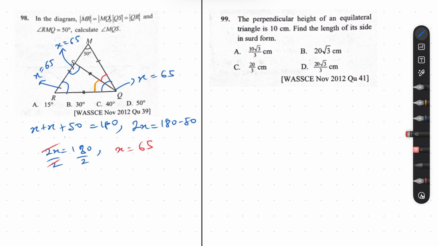Now can we find the yellow? Yes, we can find the yellow because in this triangle right here, we know two of the angles, so we can find the third angle, which is right here. So that will be 65 plus 65. Then we take the answer from 180. So yellow is equal to 180 minus 65 minus 65.